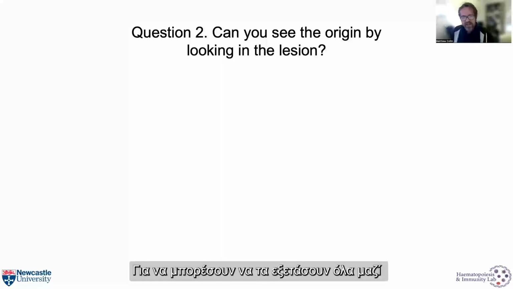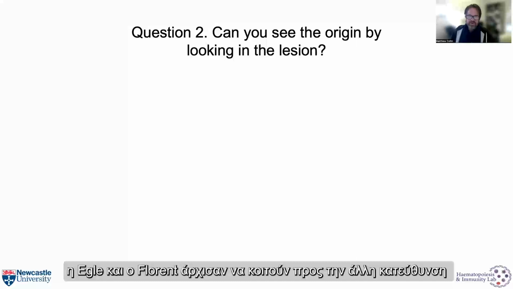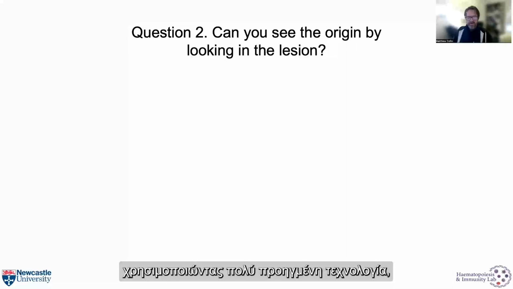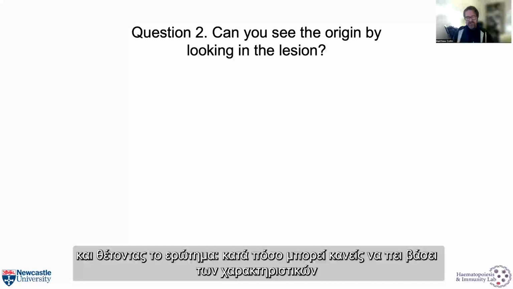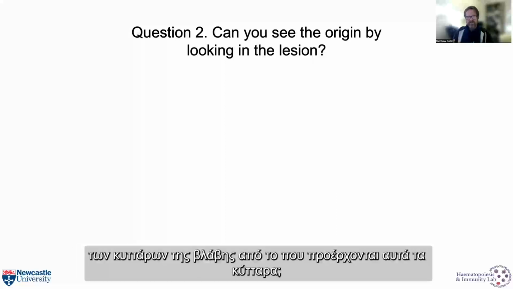But then to actually tie that all together, Egla and Florent started looking in the other direction using some very high-tech methods, and that was to take all the cells of the lesion apart and then ask the question, can you tell from the characteristics of the lesional cells where they might have come from?